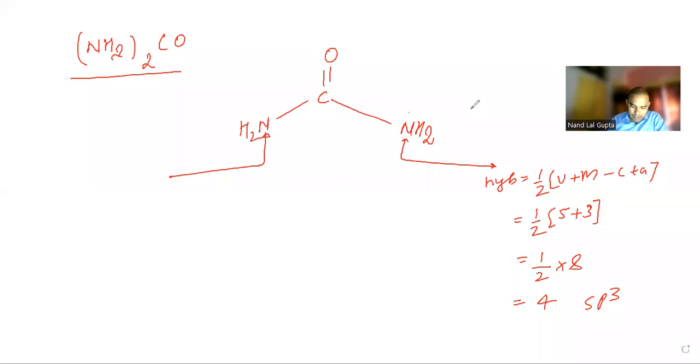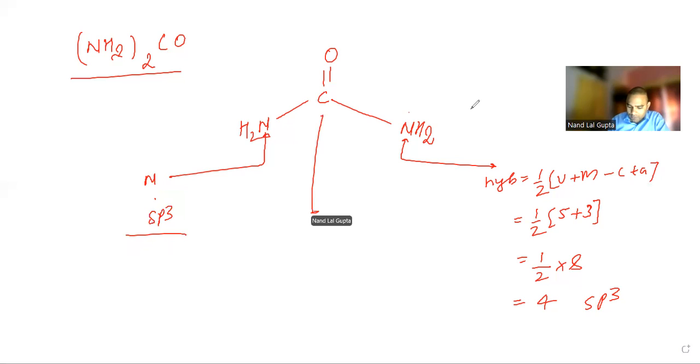If you are talking about this other nitrogen, the hybridization is again sp3 only. But they are asking for the electron geometry around the carbon and both the nitrogens in urea. So for nitrogen it will be sp3 only.